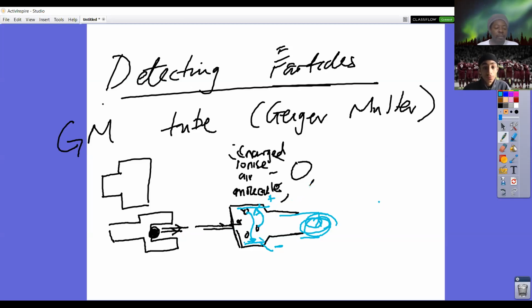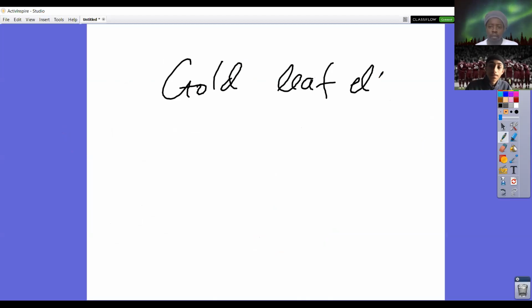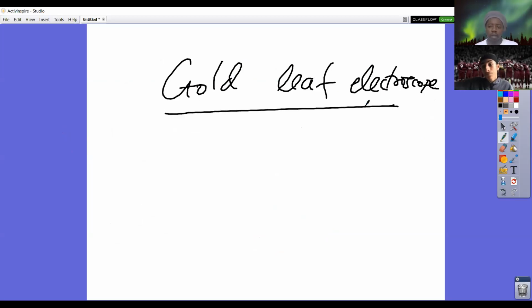Another way we detect them is by using a photographic film, like Henry Becquerel, or another way we use is something known as a gold leaf electroscope. Now, with the gold leaf electroscope, you have a zinc plate, like so, and then a stem, and then a gold leaf.